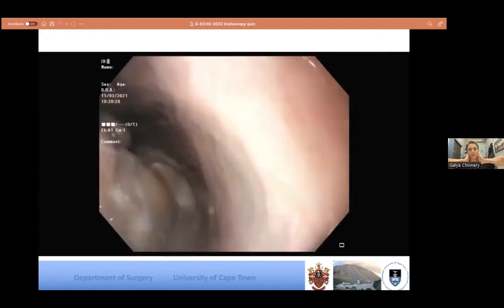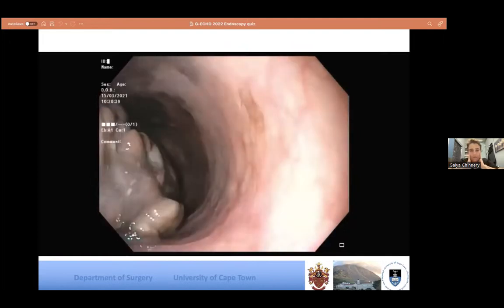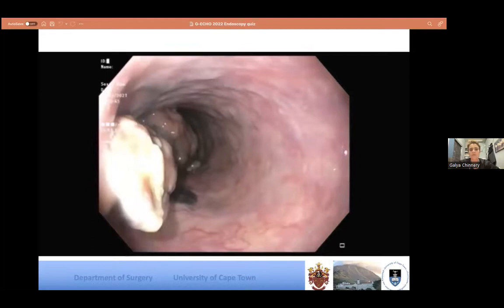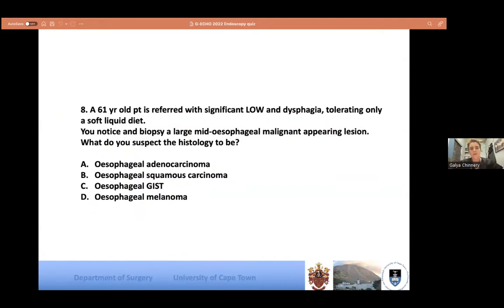Okay, so let's go through those individually. I think, yes, you might be correct in thinking this is an adeno. It is fungating, unhappy looking tissue there. A squame is probably quite likely, obviously it gets ulcerative versions, but every now and then you do get this.